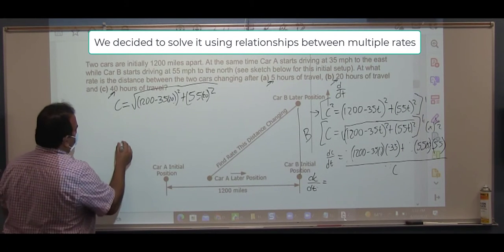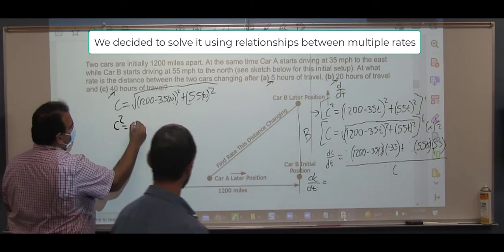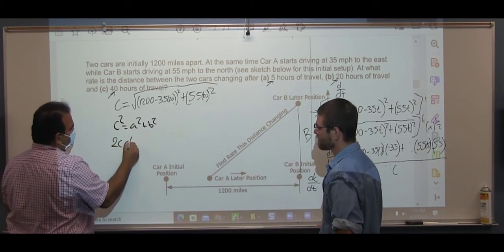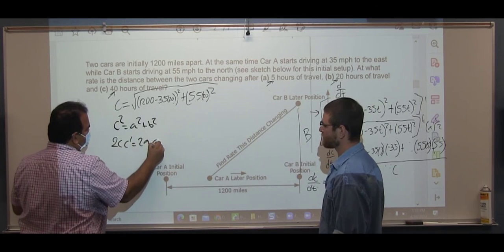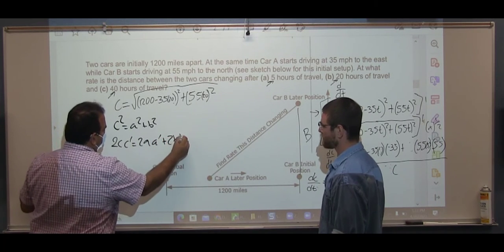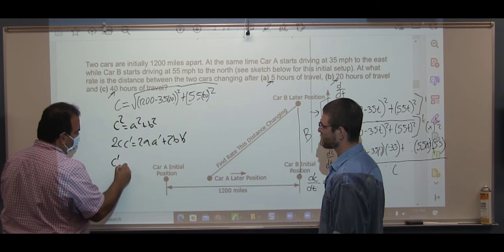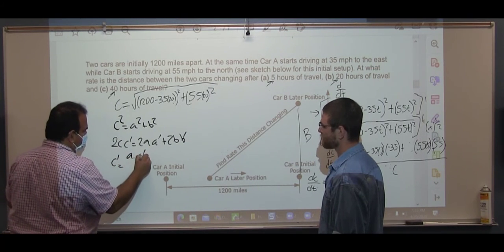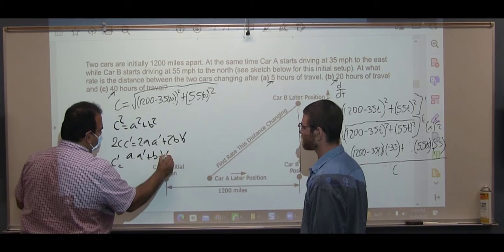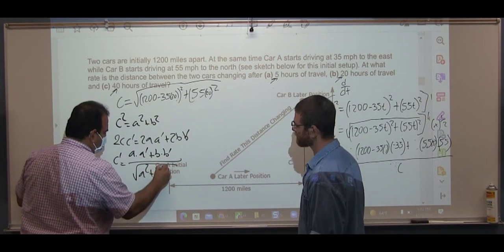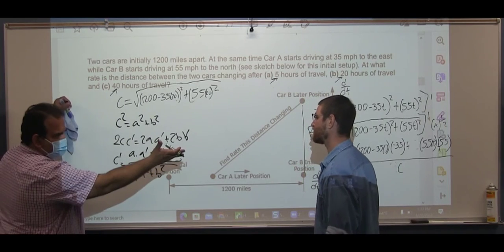See, if you go with that original thing, c squared equals a squared plus b squared, then that gives us c prime equals a prime plus 2b prime. We can cancel those out. So c prime would be a times a prime plus b times b prime, divided by the square root of a squared plus b squared, which is exactly what you had.